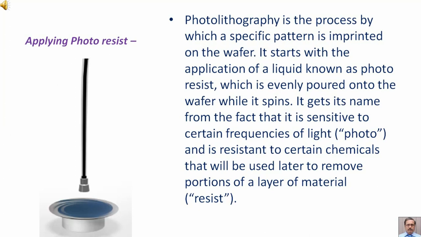It gets its name from the fact that it is sensitive to certain frequencies of light, that is photo, and is resistant to certain chemicals that will be used later to remove portions of a layer of material, that is resist.